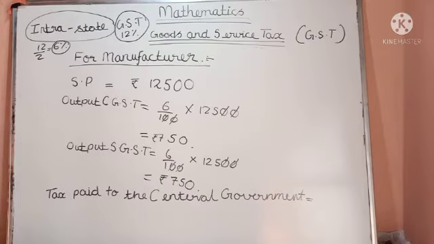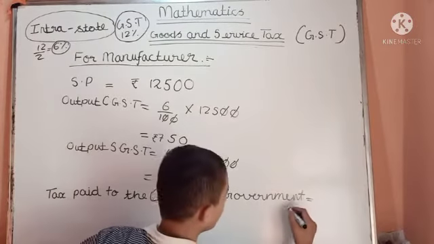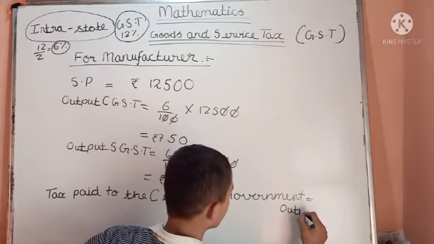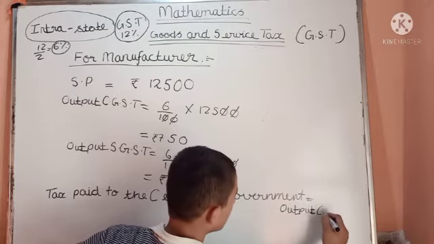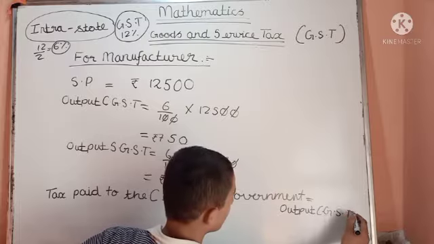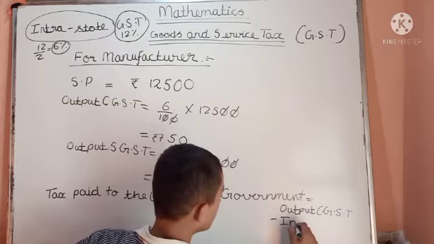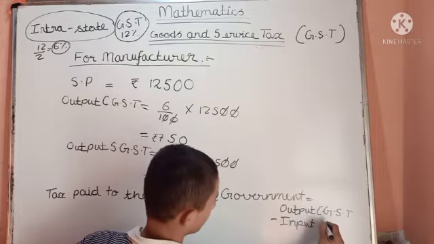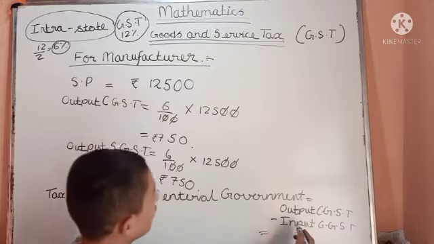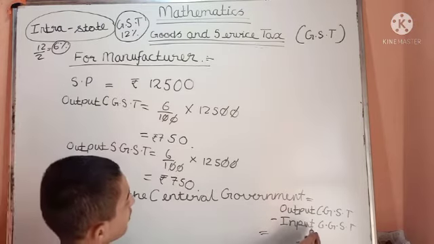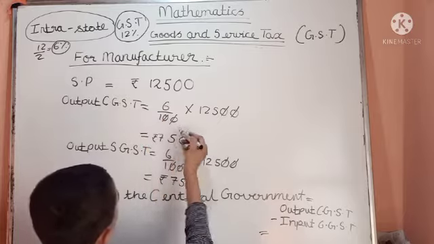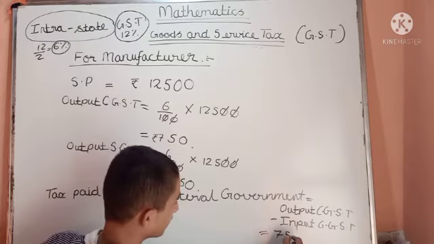Tax paid to the central government will be output CGST minus input CGST. As I told you, if CP is not given here, then input CGST will be 0 and output CGST is rupees 750. So 750 minus 0, here it is rupees 750.